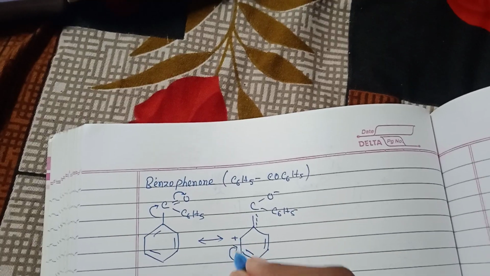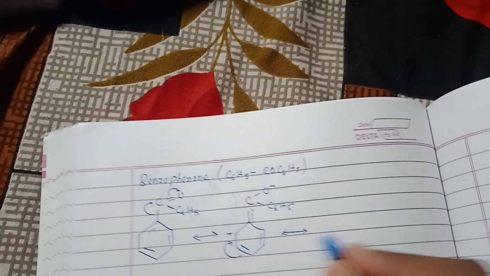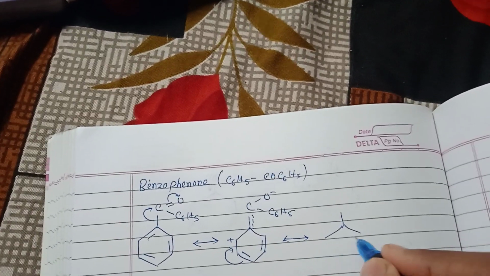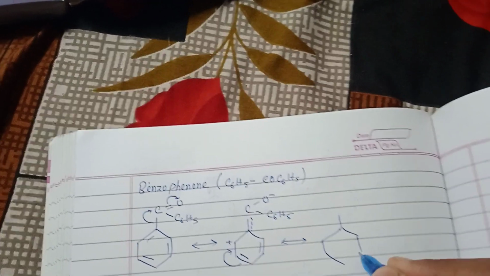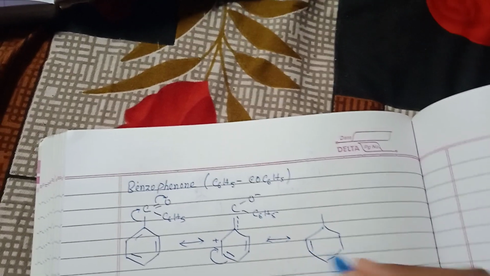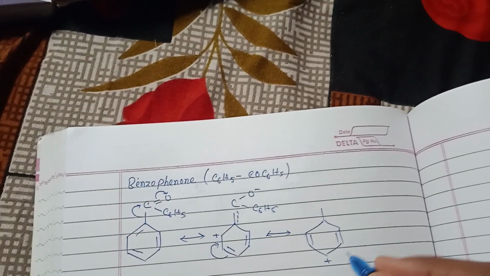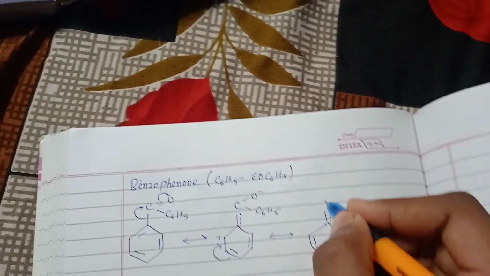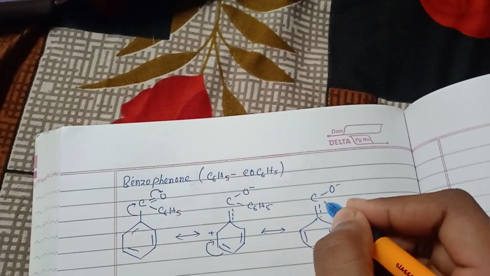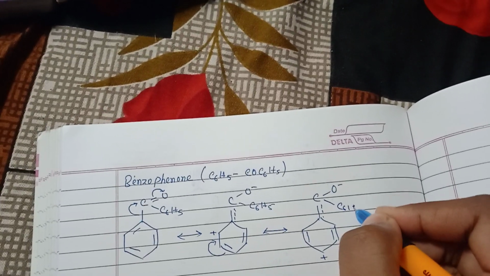This double bond will go here, and next, make a benzene ring again. The double bond will come to here, and the positive sign will be in the para position. The partial double bond with C, single bond O negative, and single bond C6H5.